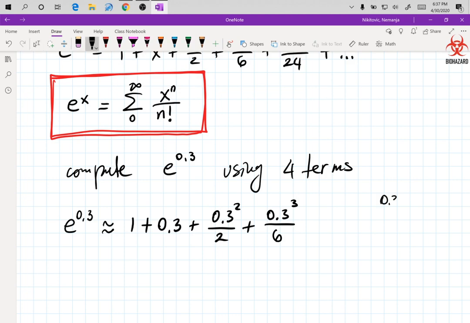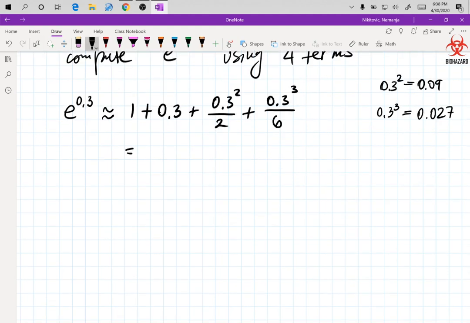So 0.3 squared is 0.09 and 0.3 cubed is 0.0027, right? No, 0.027. Because you have 0.3, 0.3, 0.3. So that's 27, and you need 3 decimals. Good.